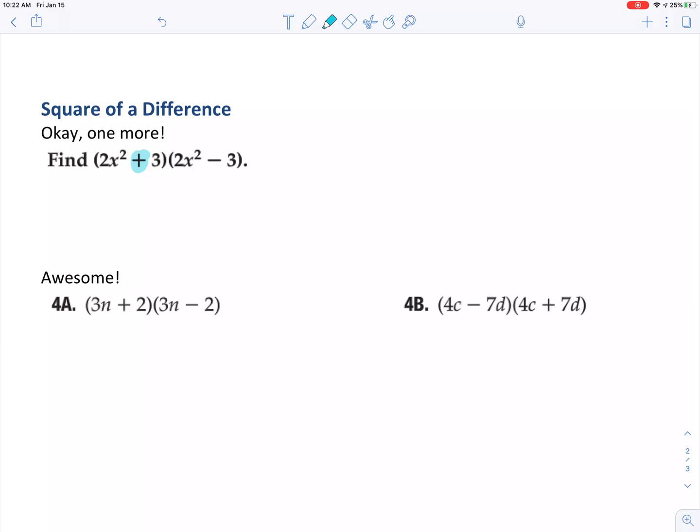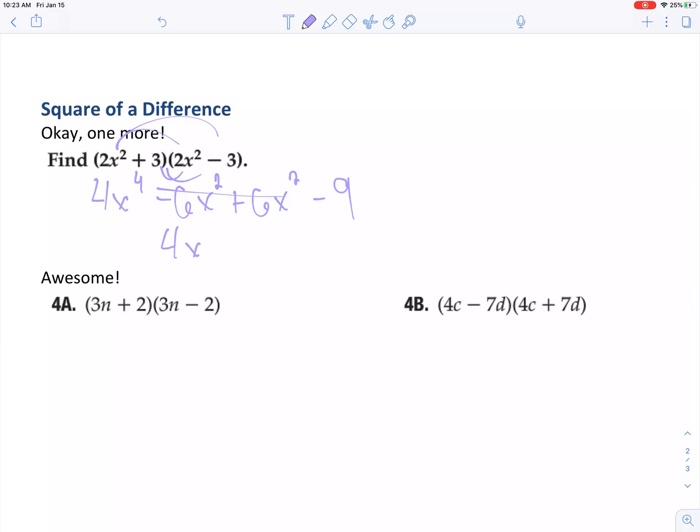So let's go ahead and do this how we know, where we do the distributive property FOIL. 2x squared times 2x squared is 4x to the fourth. 2x times negative 3 is negative 6x squared plus 6x squared minus 9. And then I realize that the middle two terms cancel, because a negative 6x squared plus 6x squared is just 0.